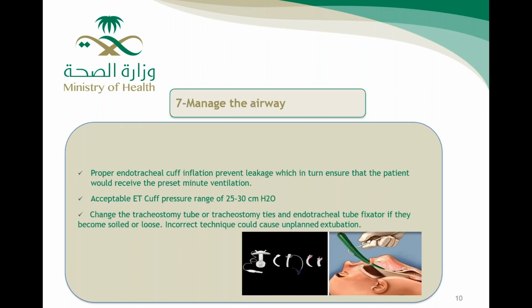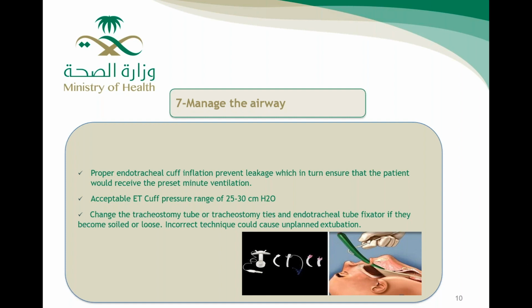Manage the airway. Proper endotracheal cuff inflation prevents leakage and, in turn, ensures that the patient receives the preset minute ventilation. So we should keep the cuff pressure inflated in a good range, which is 25 to 30. Some of the books say 22 to 30.